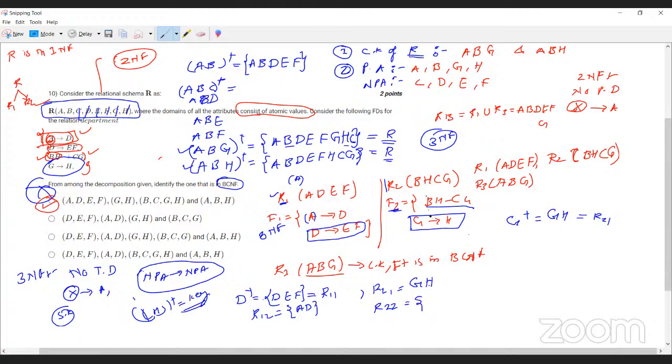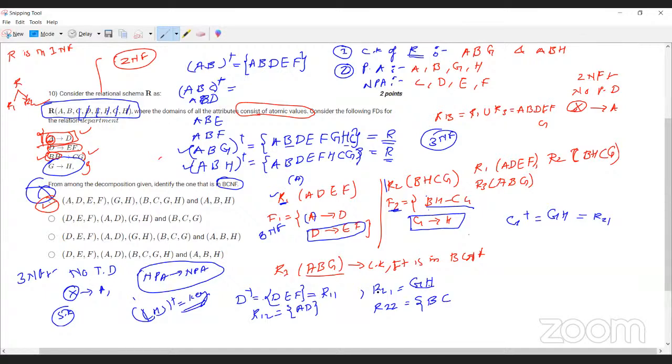What will be my R22? BCG. Okay, what are the remaining attributes here? BC, right?